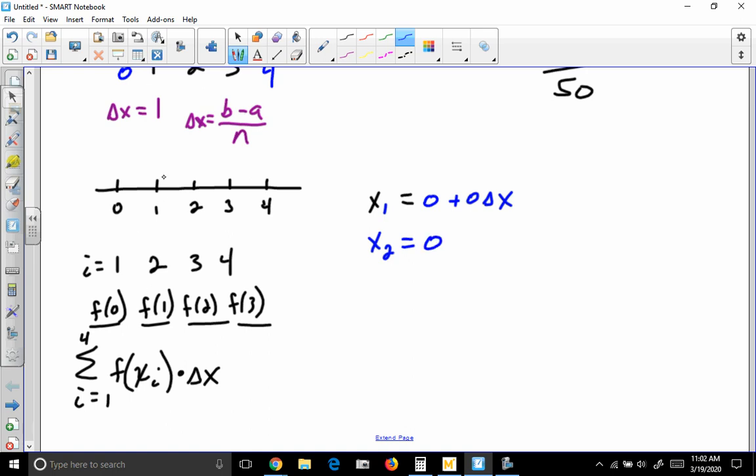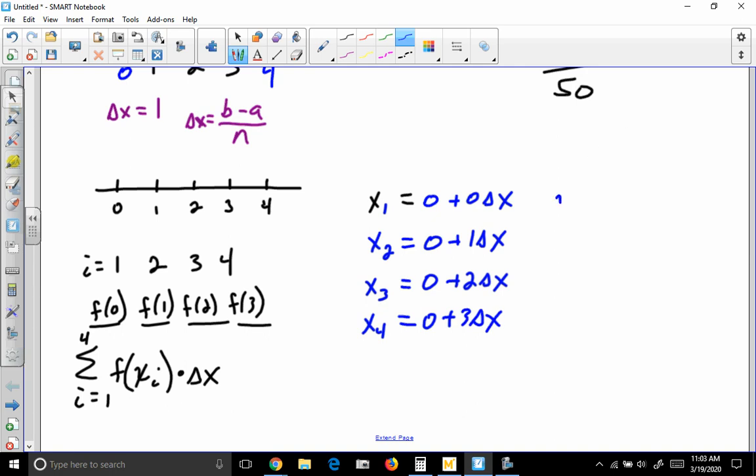And we're plugging a 1 in, so we've gone over 1 delta x. For x sub 3, if we're starting at 0, for our third one, we go over 1, 2 delta x's to get to our x value. And for our last x, starting at 0, we go over 1, 2, 3 delta x's.